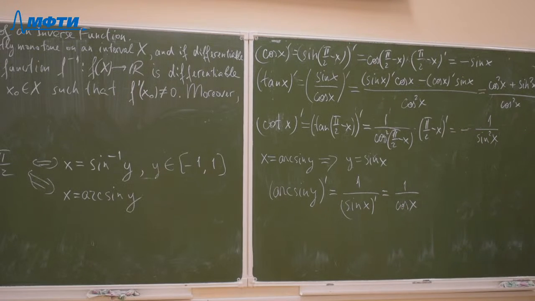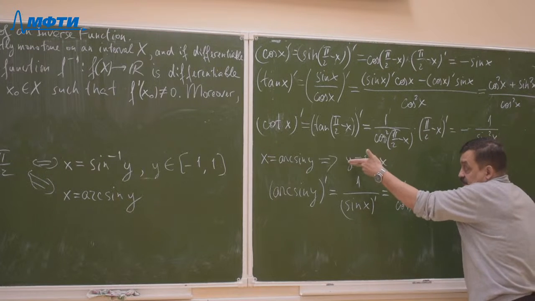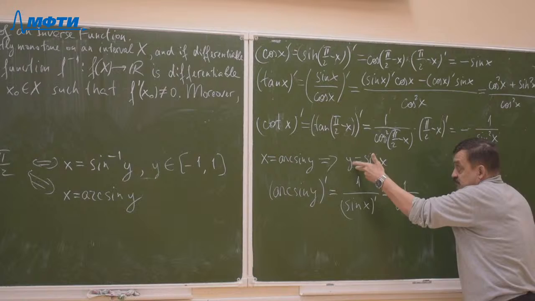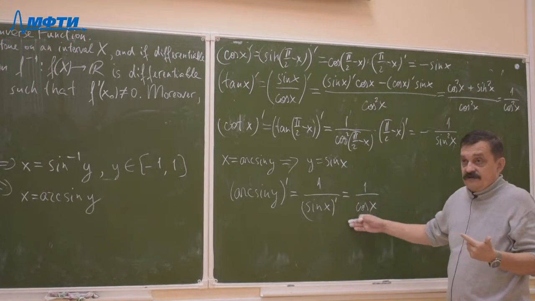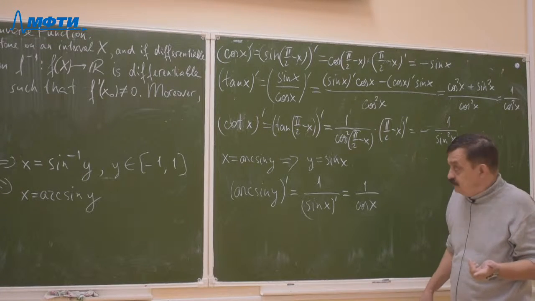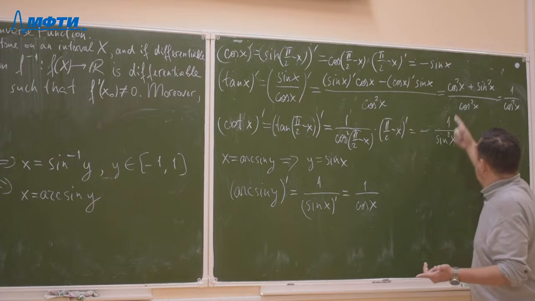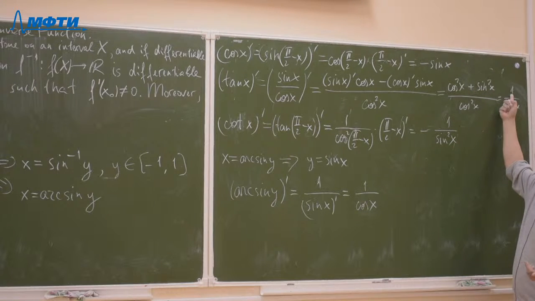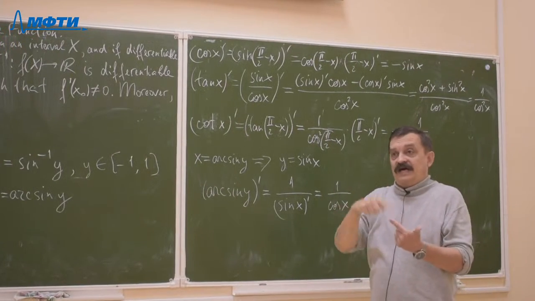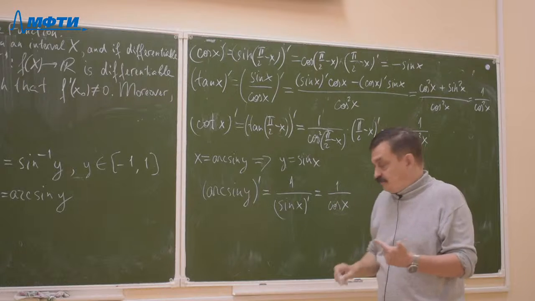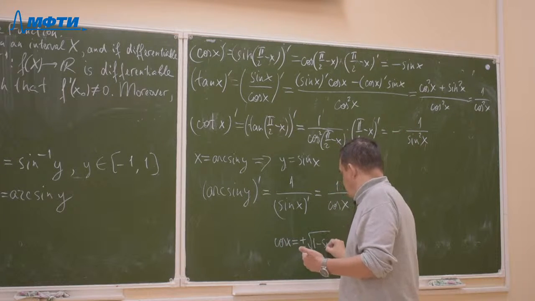Then we need to express cosine x in terms of y, where y is equal to sine x. We observe that cosine squared plus sine squared is 1, so in general cosine x is plus or minus square root of 1 minus sine squared x.